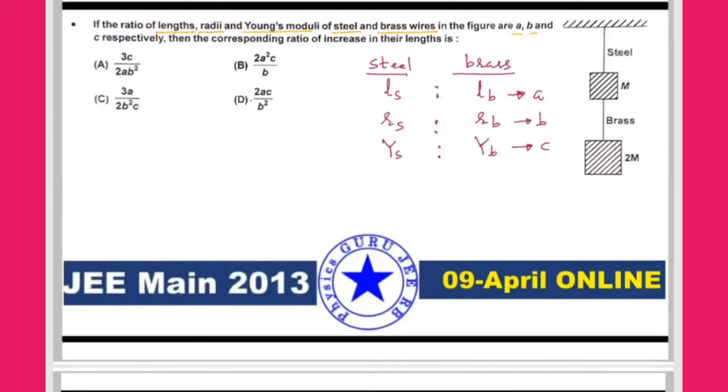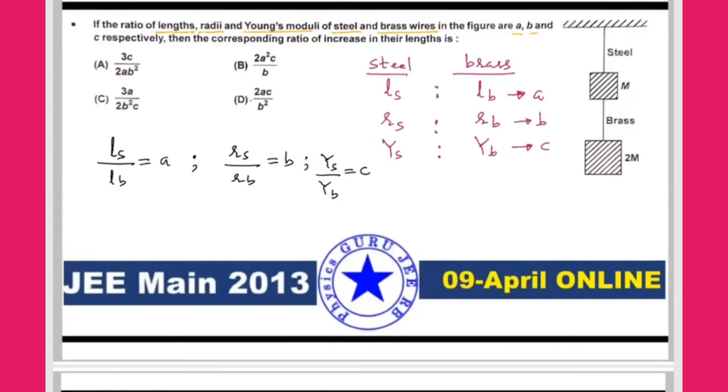That means LS by LB equals A, RS by RB equals B, and YS by YB equals C, right?